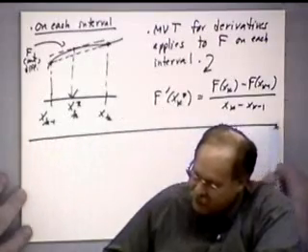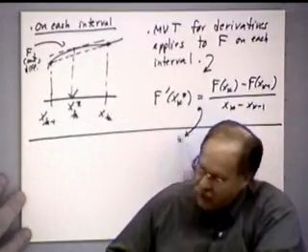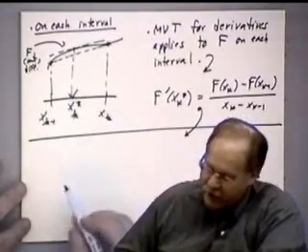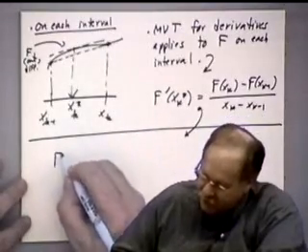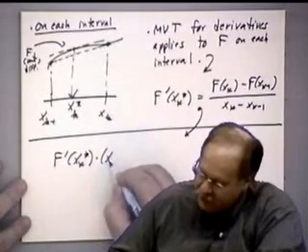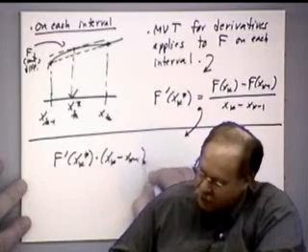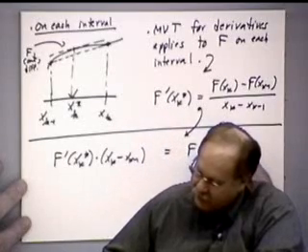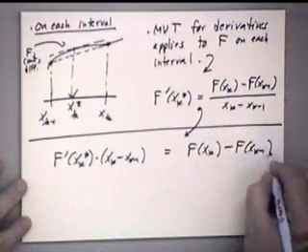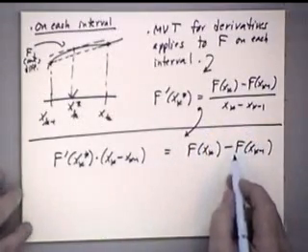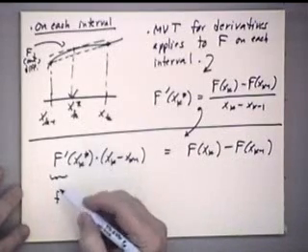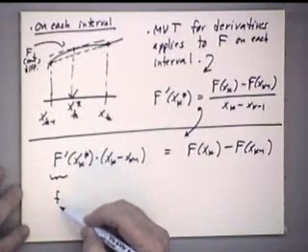Now let's take this and continue our argument a little further. I'm going to bring the x k minus x k minus 1 up here to the left. And then I will have big F prime x k star times x k minus x k minus 1 brought up equals, and on the right-hand side we still have big F of x k minus big F of x k minus 1. Now, a couple of notational changes. Remember that big F prime equals little f.